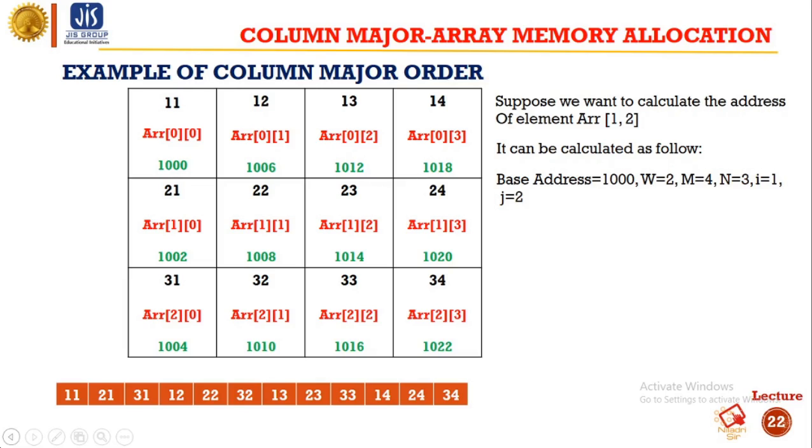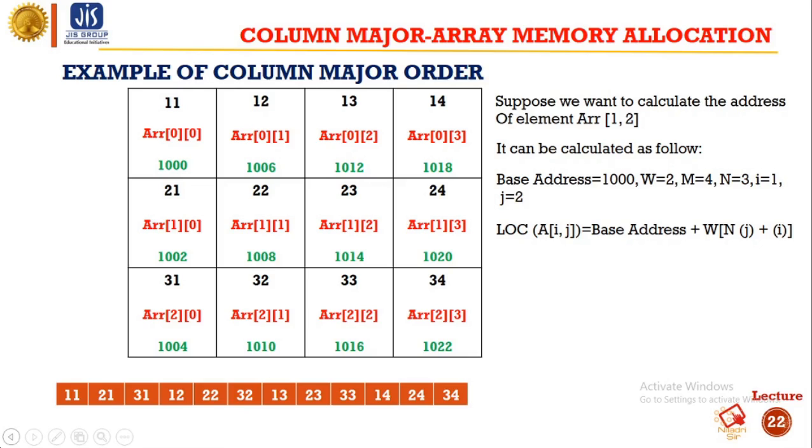If we compare it with ARR IJ, then the value of I will be 1 and J will be 2. So the formula is location AIJ equals base address plus W(NJ + I).